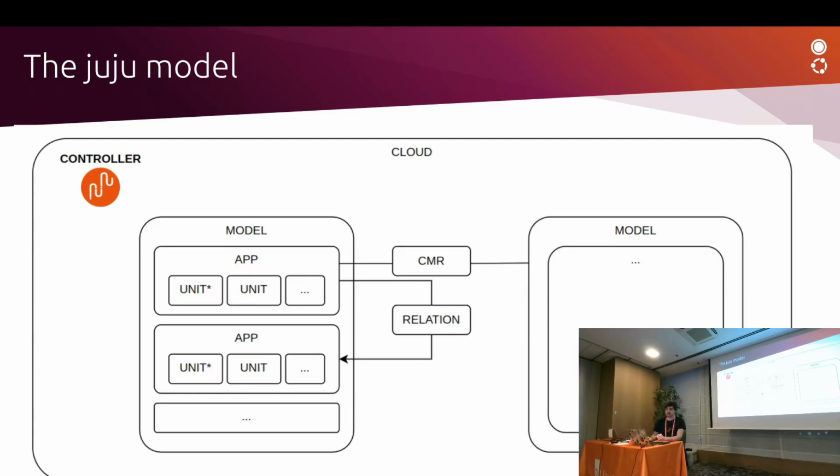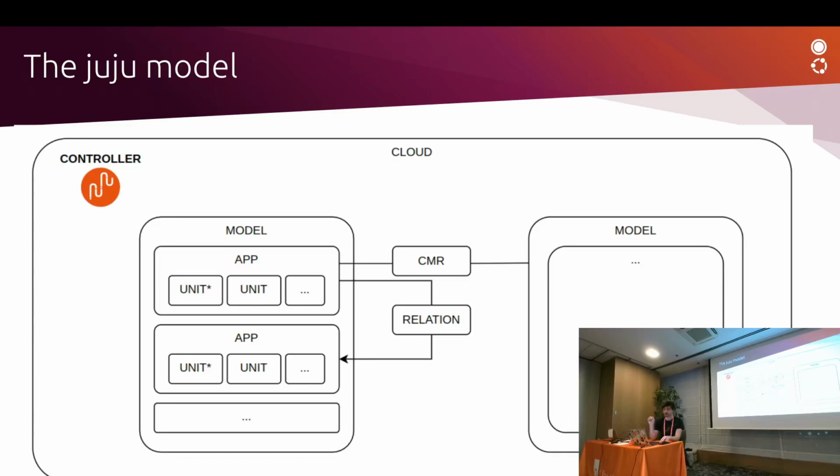As you know, the Juju model is top-down, consisting of a bunch of clouds to which you bootstrap controllers. In each cloud, you can have multiple models, models that have applications, applications which have, depending on the scale, multiple units.